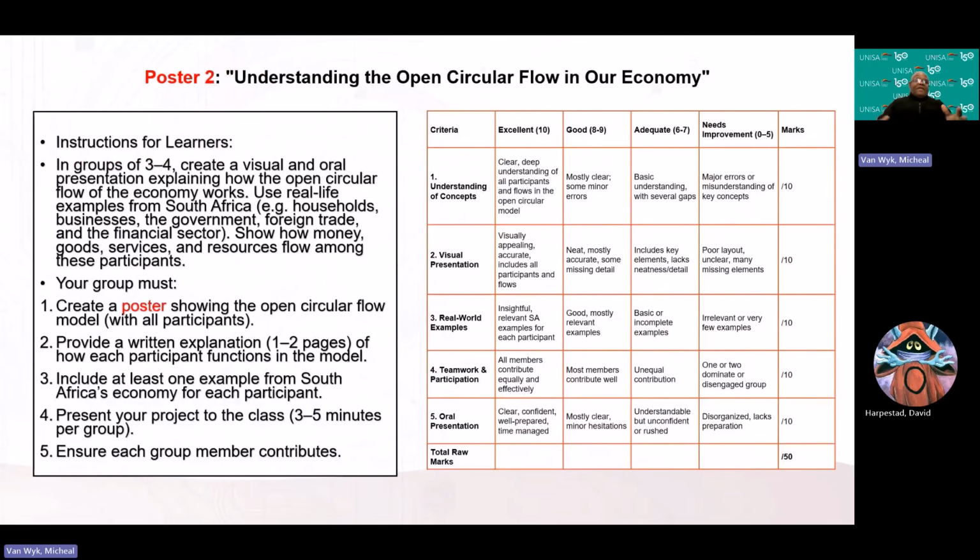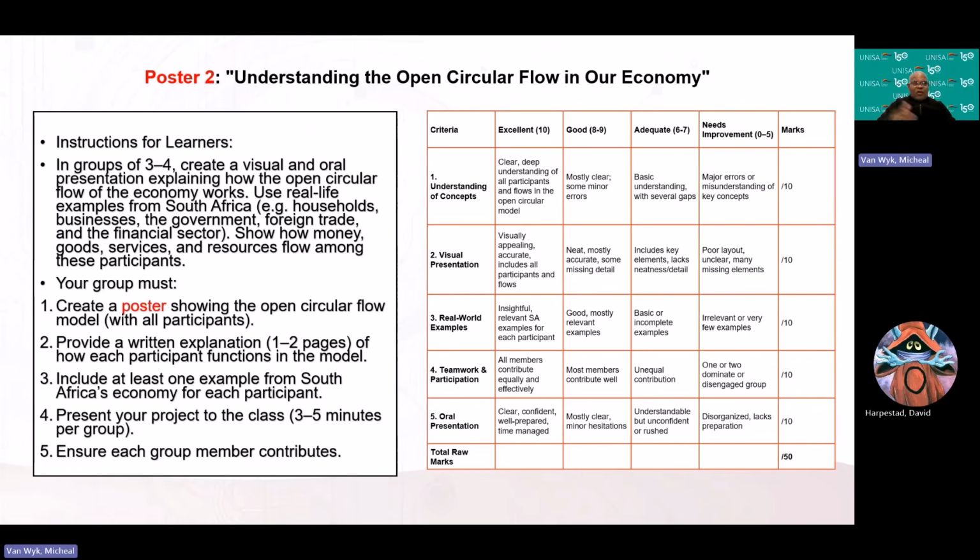Then secondly, the poster. Now I like posters, right? Many of you are very creative and very innovative, I believe, so please use your best juices to create this nice poster for me. You will see on my left-hand side, you will work in groups of 3 to 4, and you will draw a poster of the open economy.